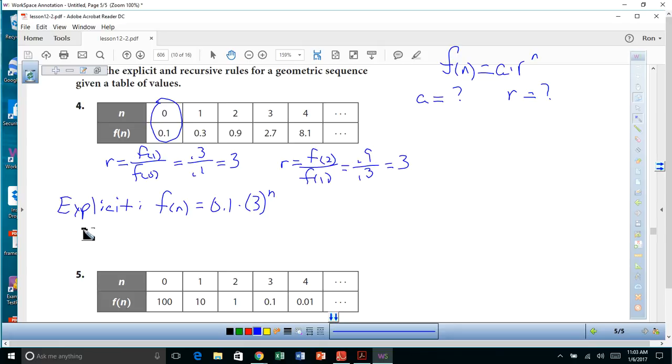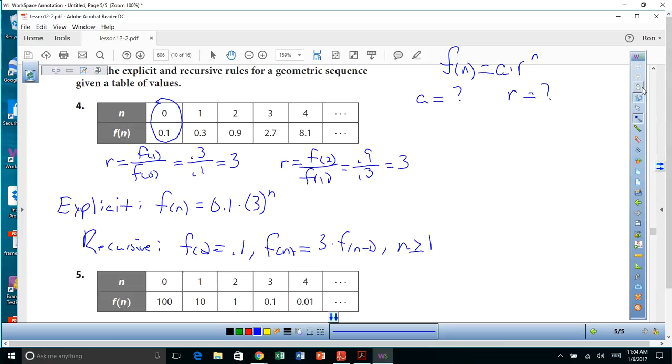The recursive form would be f of 0 equals 0.1, and then f of n equals 3 times f of n minus 1, and n is greater than or equal to 1.